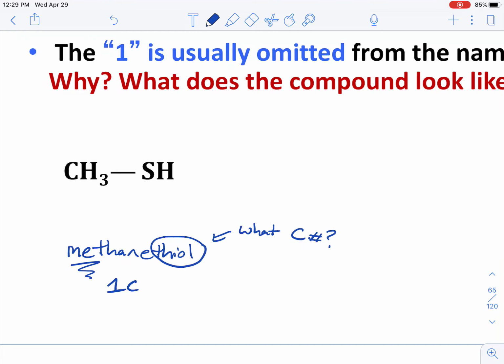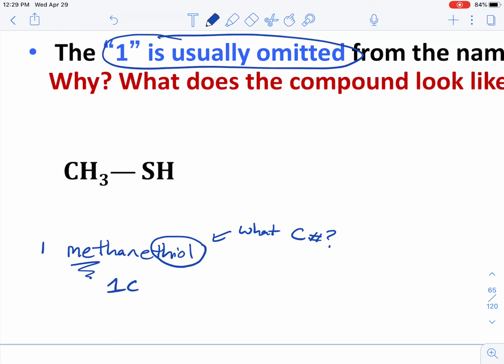And so if there's only one way for you to attach that functional group to that specific organic compound, then you want to omit communicating that it's going to be on carbon number 1. What we want to do is reduce redundancy in the nomenclature of this thiol.